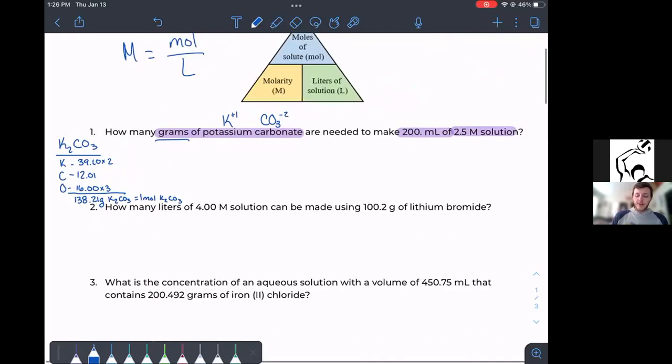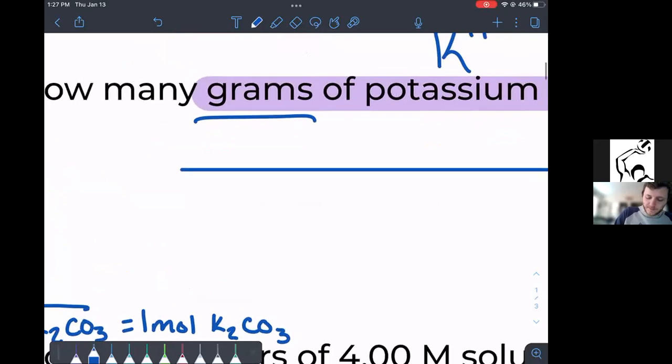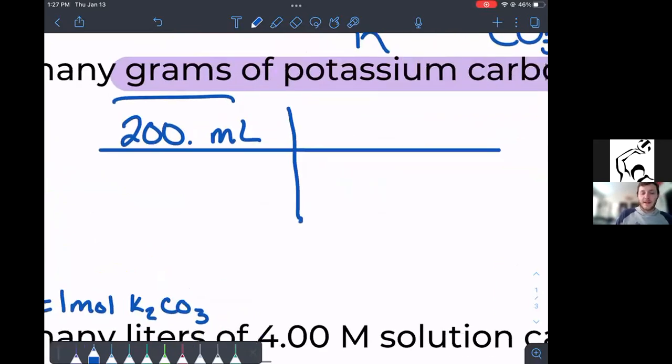Now on to our new subject, molarity. Before we can do that, we remember that our units have to be in liters, and right now they're in milliliters. So we do have to convert. To do so, we set up our railroad tracks, and we have 200 milliliters and we put nothing underneath.